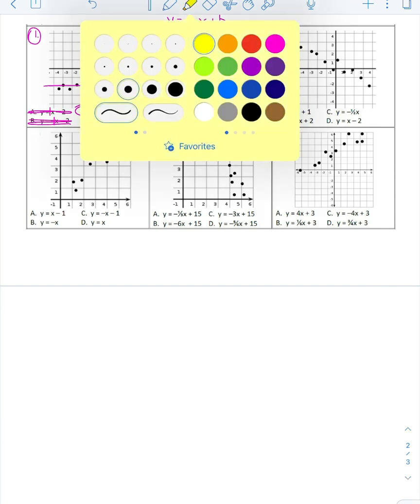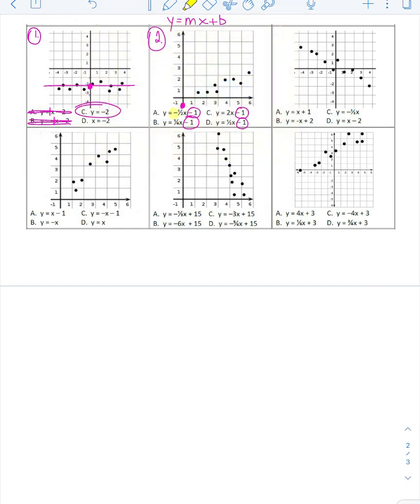Remember, slope is what's in front of the x. So let's go through each of our choices. What I do is I use my slope to get my next couple of points and see which one matches up with the dots. I can already tell these dots seem to go up, but the slope in A is negative.